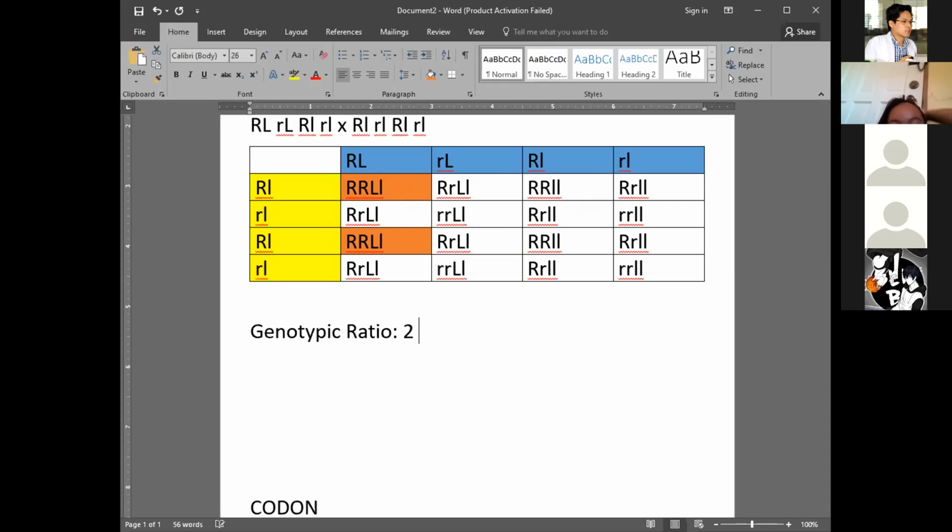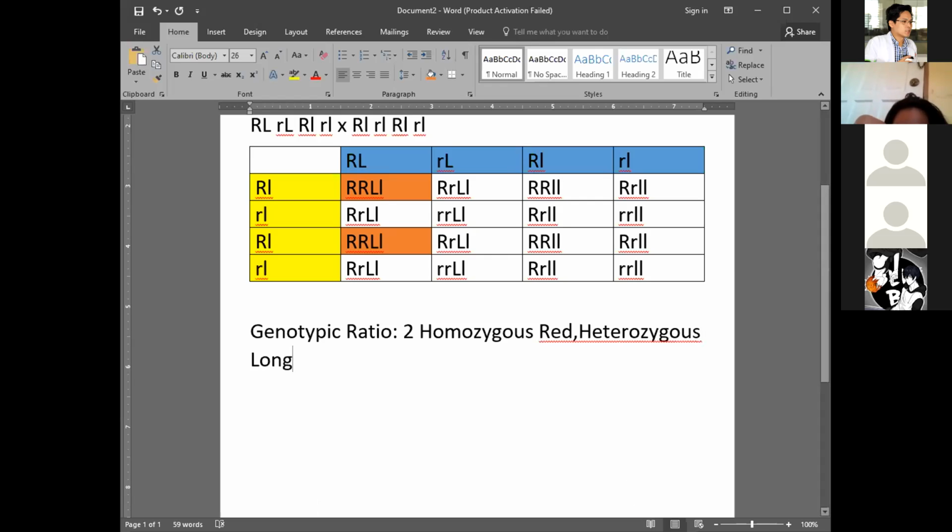This is homozygous red, and two heterozygous long. Homozygous red, heterozygous long is 2.